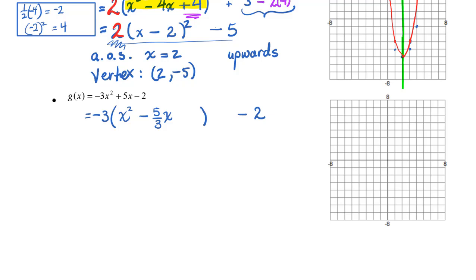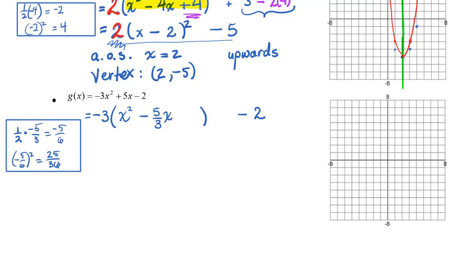Now remember, we have to find a value that will make the stuff in parentheses a perfect square trinomial. So I'll take 1/2 of negative 5/3, which gives me negative 5/6. Then I have to square negative 5/6, which gives me a positive 25/36.